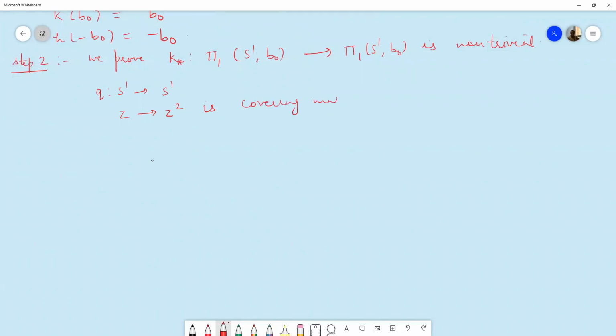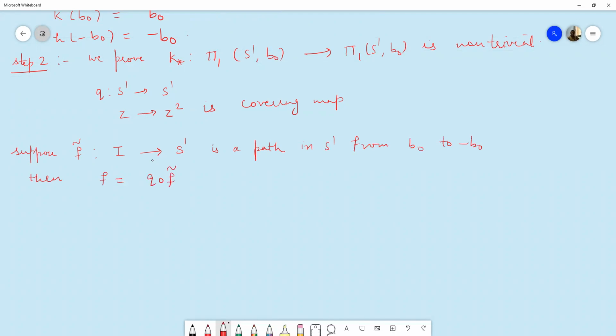So if this is a covering map and if we take a path F curl in S1, that means if we take a mapping F curl from I to S1, which is a path, so suppose this is a path in S1 from B naught to minus B naught, then what will be F, where F is equal to Q circle F curl.